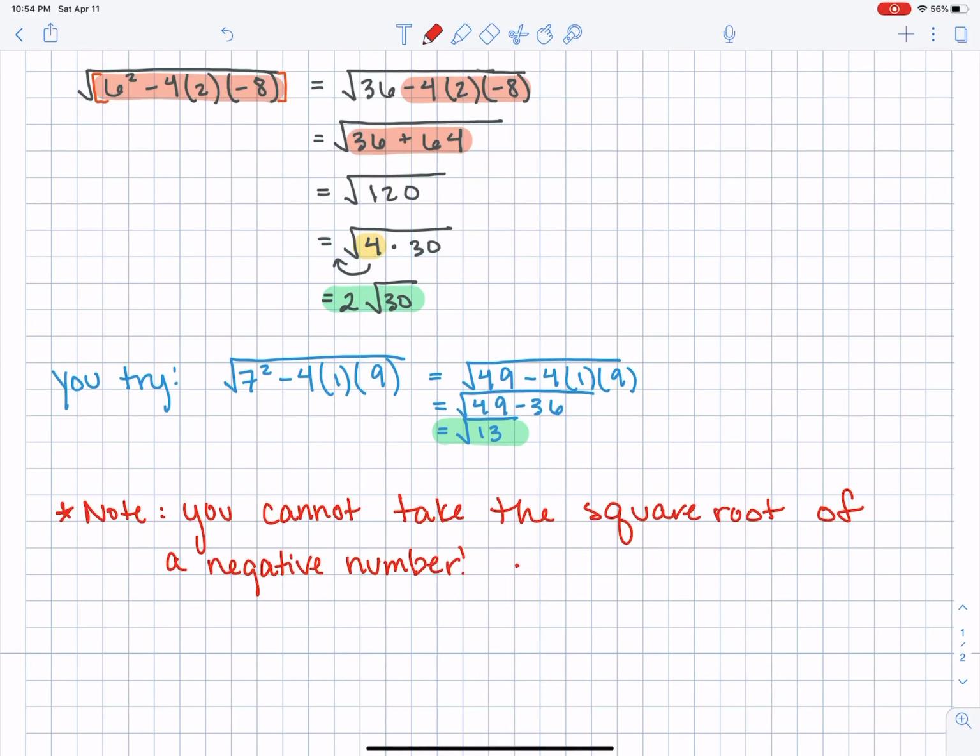So something like the square root of negative 36 has no solution for right now.